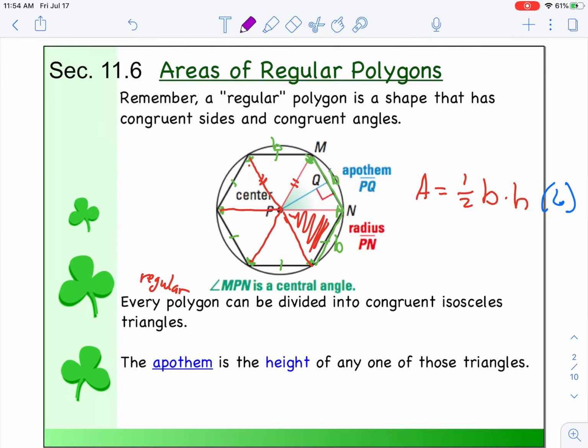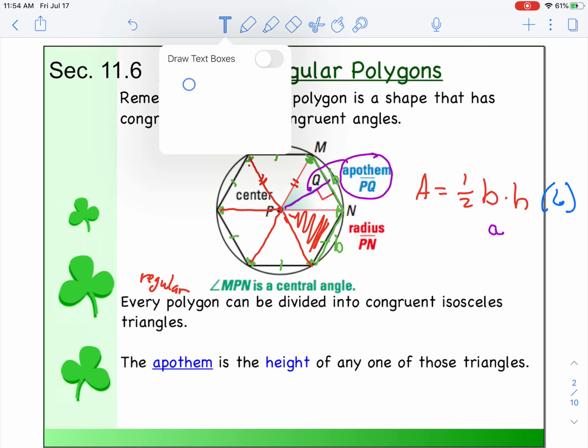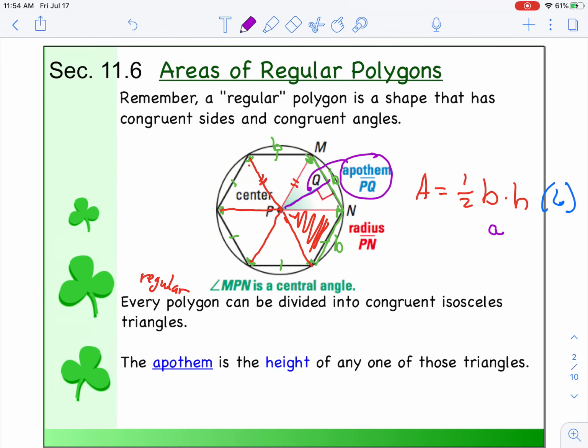Well, the height of the triangle is really what we call the apothem. So this height right here is called the apothem. And that is the height of any one of those triangles.